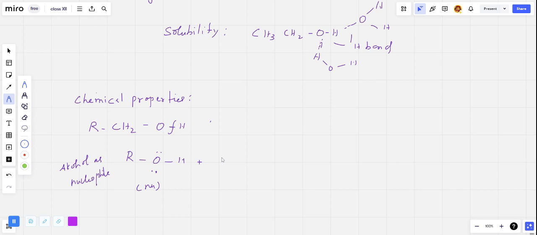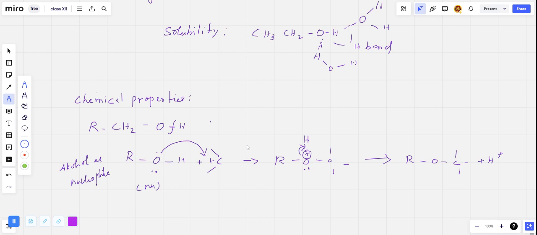When it attacks a carbocation, it transfers its two electrons to the carbon. The oxygen attains a positive charge, and the carbon is attached to it. Since oxygen with a positive charge is unstable, the H is broken and you get RO-C plus H+.